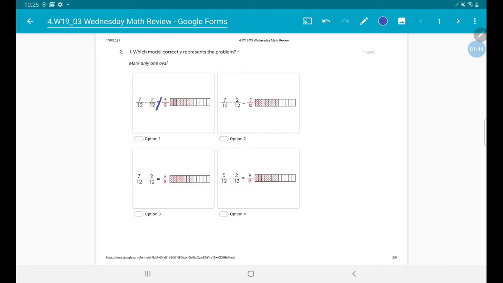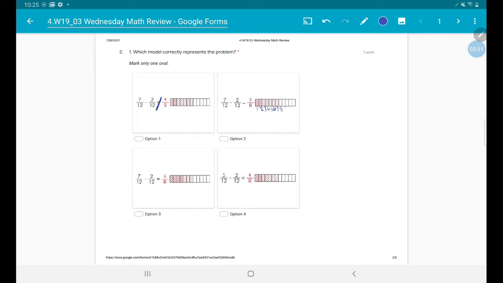So if I go on over to option 2, I have 7/12 minus 2/12 equals 5/12. Is that correct? Okay, so we're going to look at the model to see if it's correct. I have 1, 2, 3, 4, 5, 6, 7 pieces shaded.